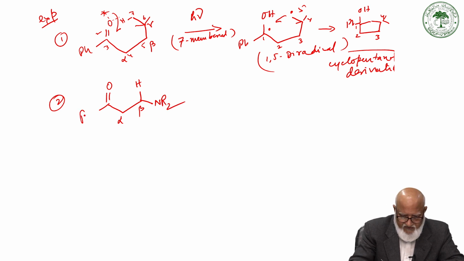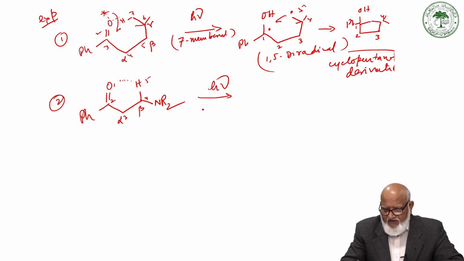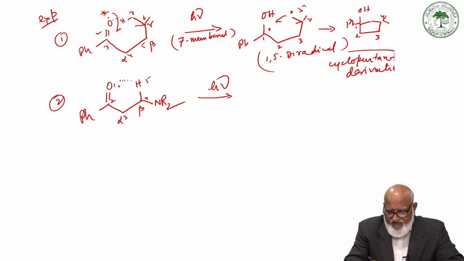So here under photolytic conditions, you have 1, 2, 3, 4, and 5. There is a possibility of a 5-membered transition state. The excited carbonyl abstracts the beta hydrogen to give a 1,3 diradical. So there is the possibility of a 5-membered transition state.